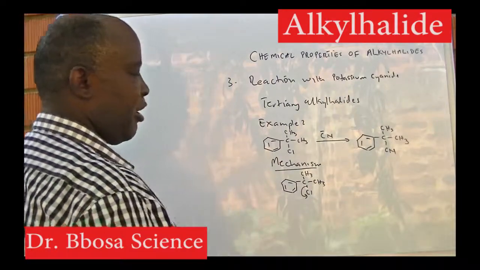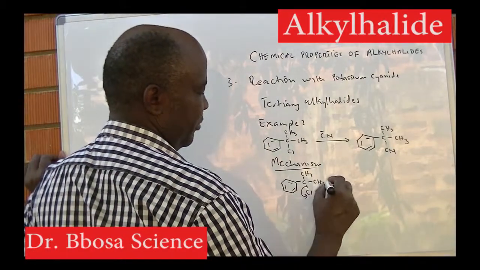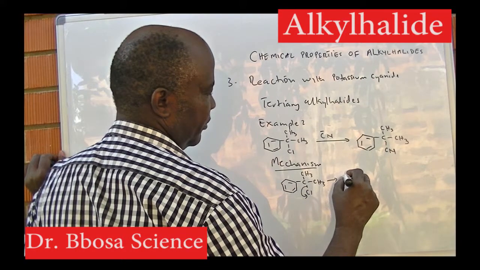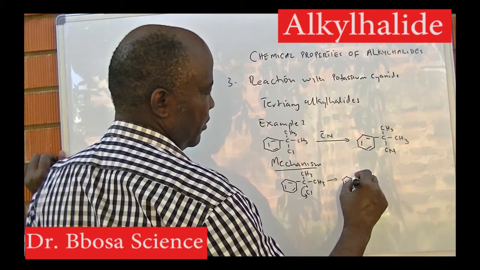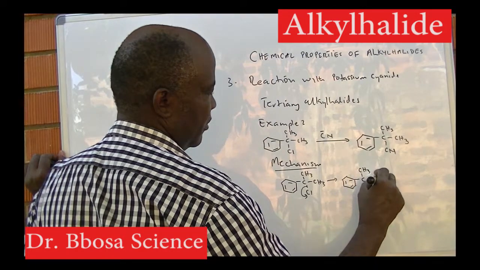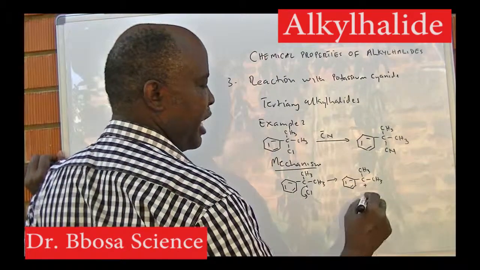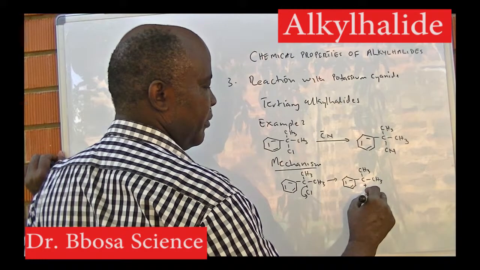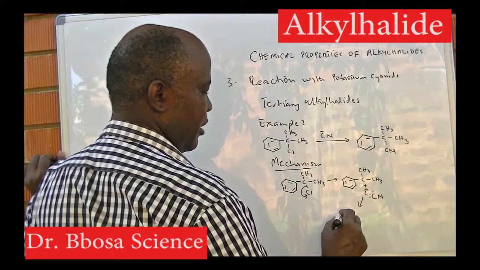This being a tertiary alkyl halide, the alkyl group loses the halide ion and it gets a positive charge. Then the cyanide ion uses a lone pair of electrons to react with the positive charge to form the product.